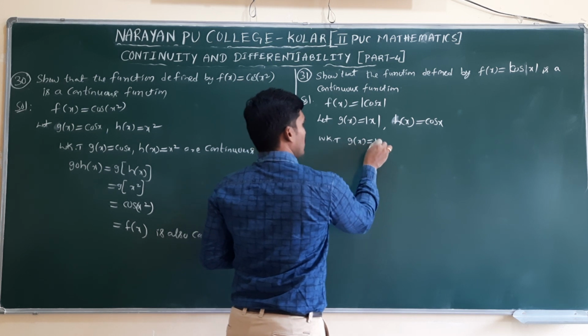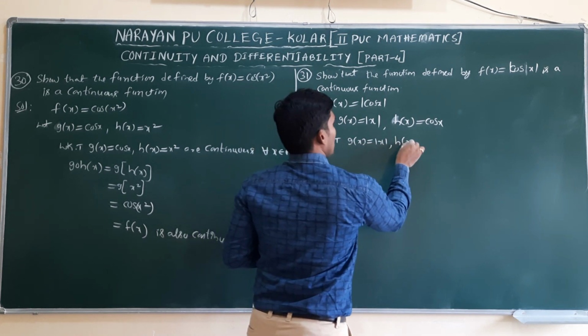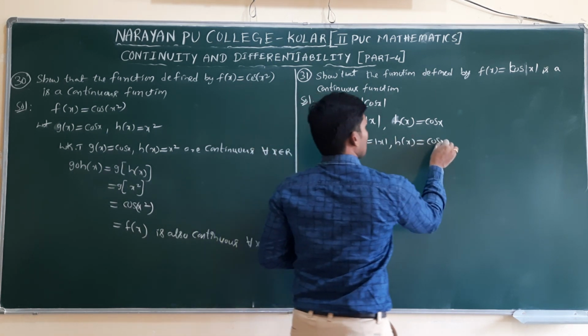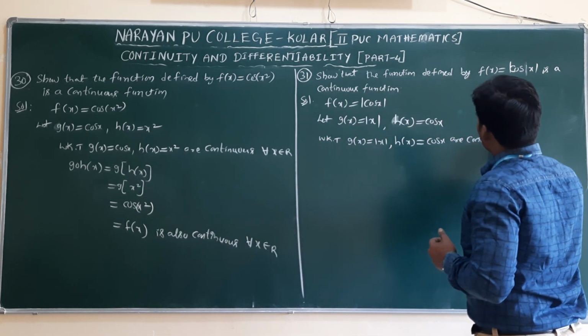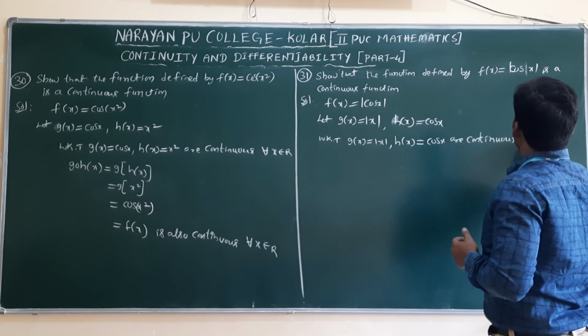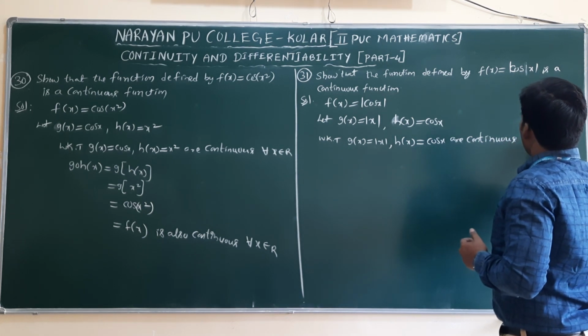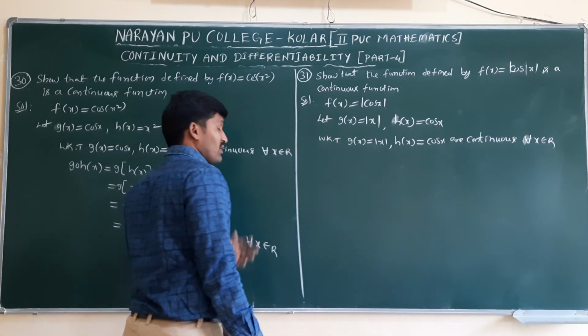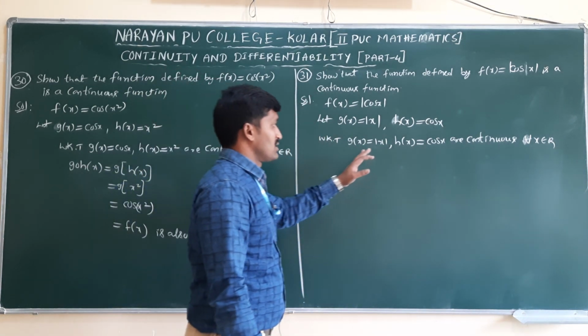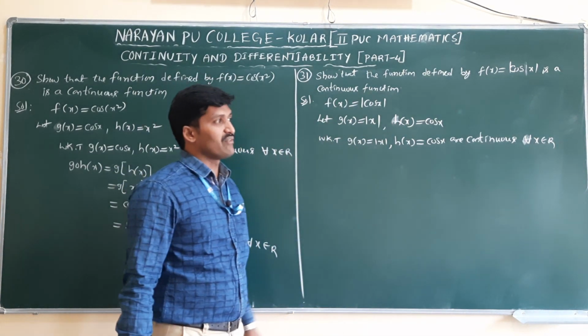For all real numbers, we know that g of x is equal to mod x and h of x is equal to cos x are continuous for all x belongs to real numbers, because for any real number we can draw the graph continuously without breaks.